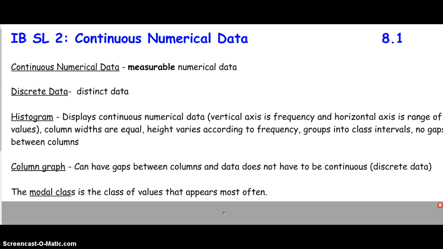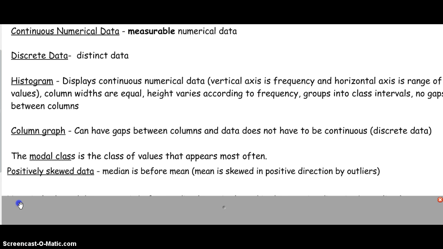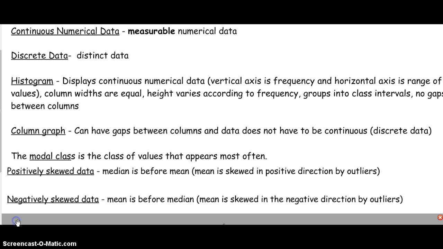The modal class is the class of values that appears most often when you're looking at your histogram. And then we can have two different kinds of skewed data. Positively skewed data would have the median before the mean, so the mean is being skewed in the positive direction by the outliers.